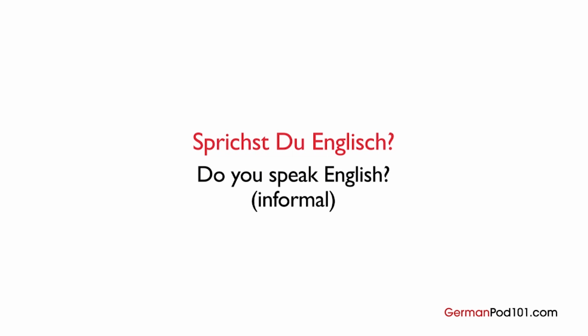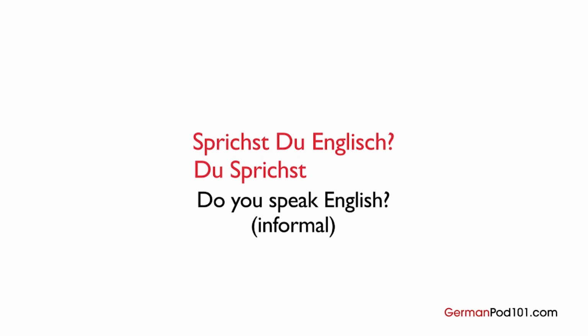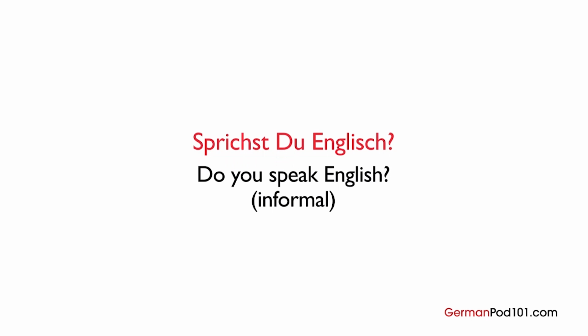If you ask a question in German, you change the du sprichst to the interrogative form sprichst du. And you probably recognize English to be English. Sprichst du Englisch? To learn how to properly conjugate verbs like sprechen, please look at our Absolute Beginner series on GermanPod101.com. You can find very detailed grammar lessons and resources there.